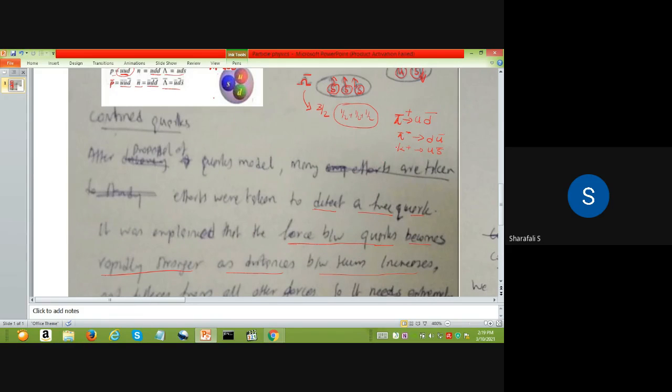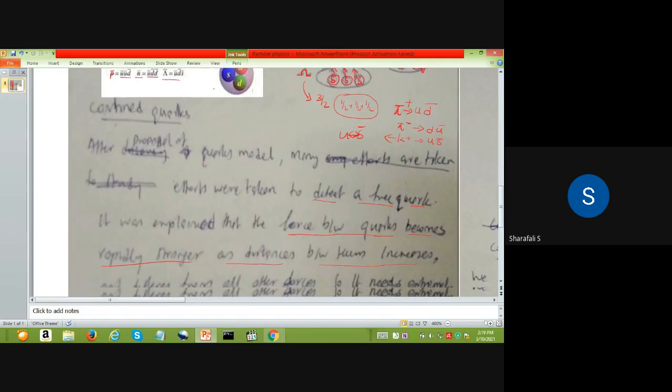So when you try to separate those quarks, for example in the case of K plus, which is made up of an up quark and an anti-quark of strange, as the distance between them increases, the force between them becomes very strong, so you cannot separate them easily.